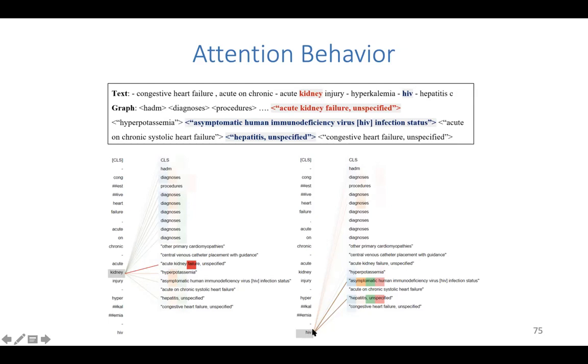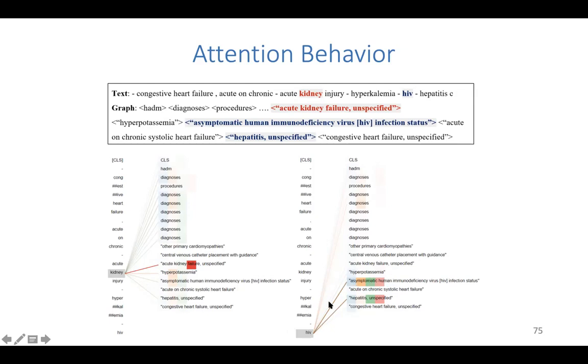And the same goes with HIV. So for the word HIV, see where it's grounded, and the strongest connection is given to this node, which is asymptomatic HIV infection status. So this is saying the patient has AIDS.